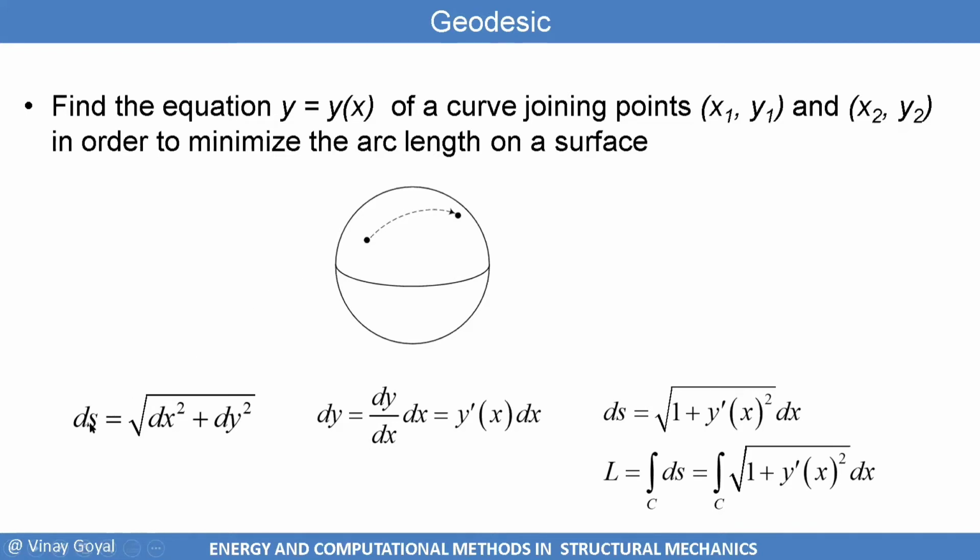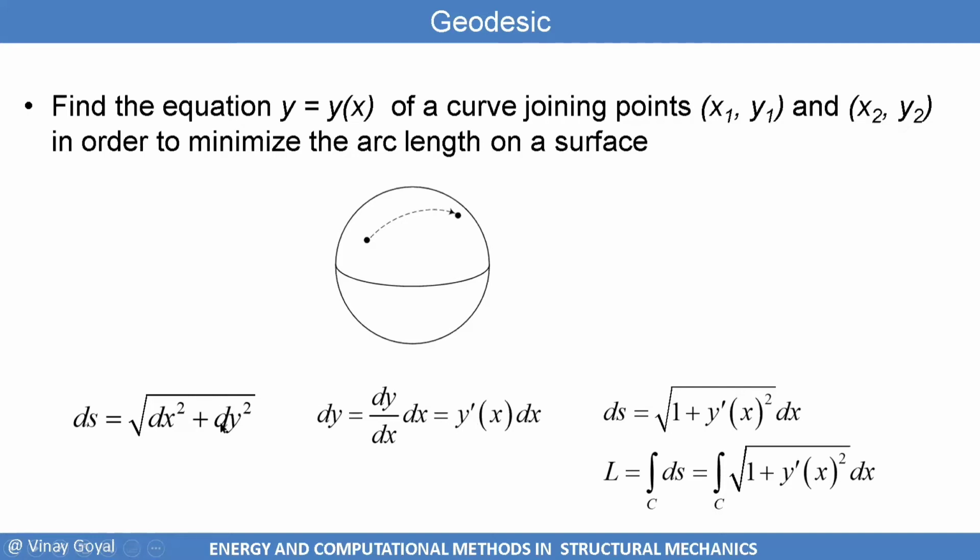So say I want to know the arc length distance. You can find that by taking a differential line element, and I'll be doing that a little bit later. The length of a differential line element will be the square root of dx squared plus dy squared. And dy can be written as dy/dx times dx, which is equal to y prime dx.